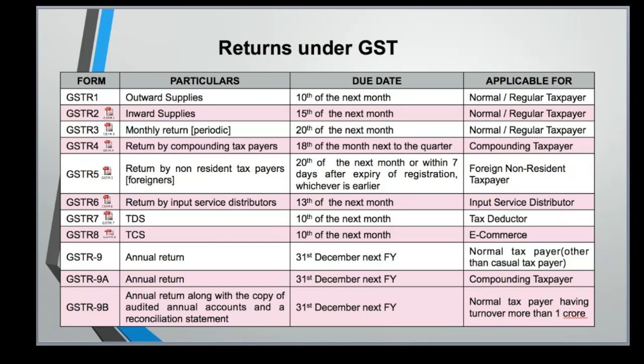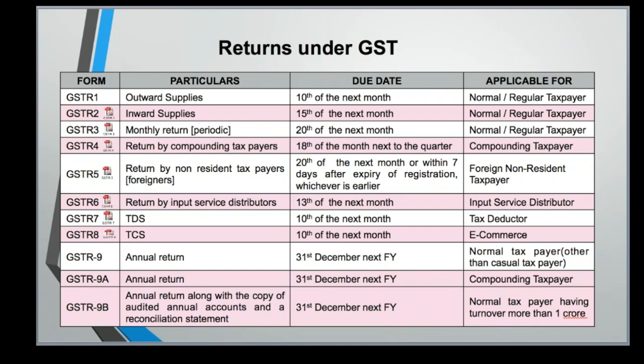Mr. Amar has a question, sir. What is the procedure for job work under 10 lakh? Need GST or not? Sir, if your aggregate turnover as a job worker is less than 20 lakh and you are not doing any interstate work, then the basic threshold limit of exemption is always available to you. 20 lakh for general, 10 lakh for special category states.